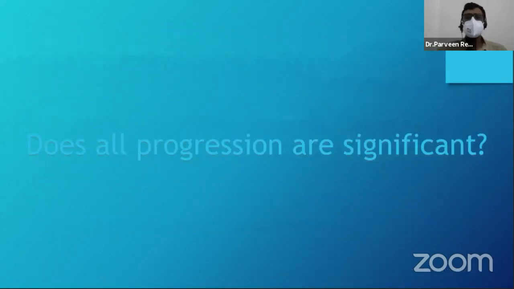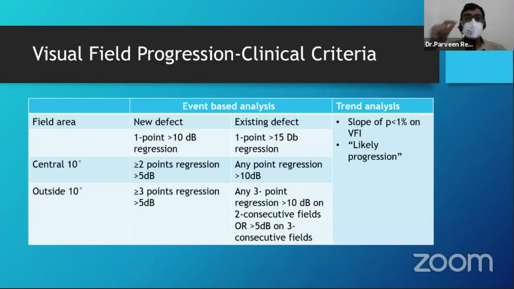Are all progressions significant? It may not be so. We have clinical guidelines on what progression we should consider significant, and say yes, now the patient is progressing. That may depend upon which area of the visual field is progressing. We are definitely more concerned if it is the central 10-degree area compared to outside the 10-degree area of the visual field.